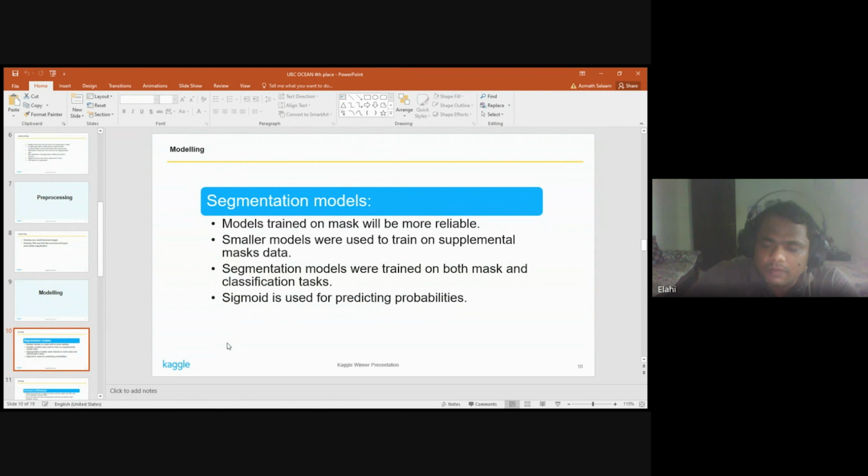For the predicted probabilities, I have used sigmoid because we have to even predict the probability of the outlier. And the segmentation models were trained on both mask prediction and classification tasks.